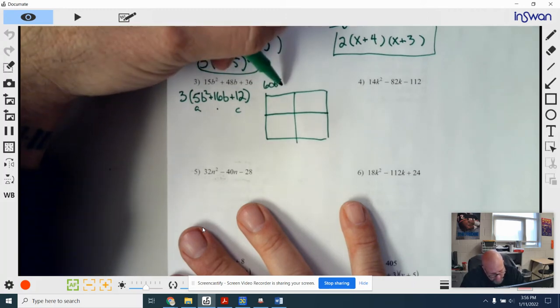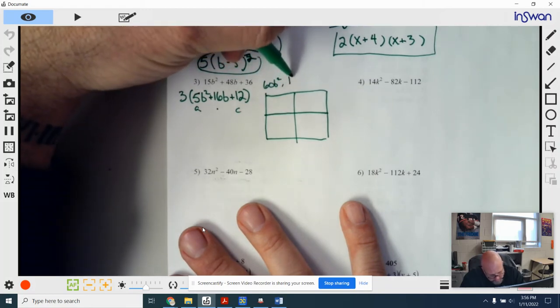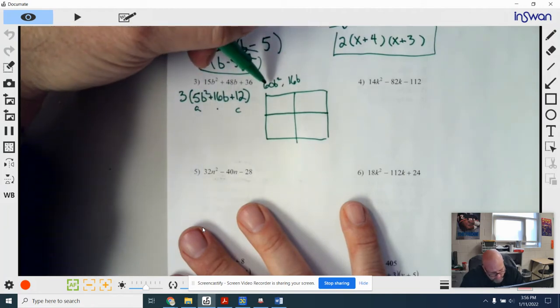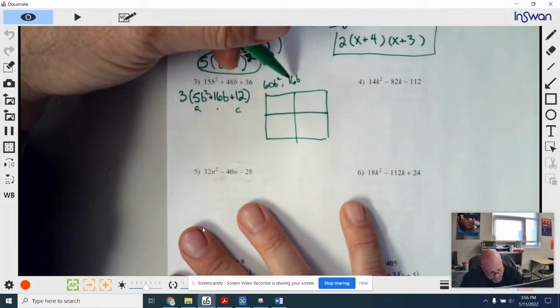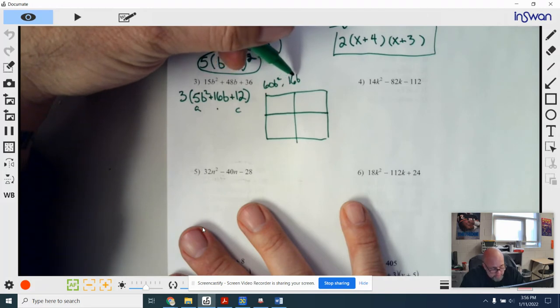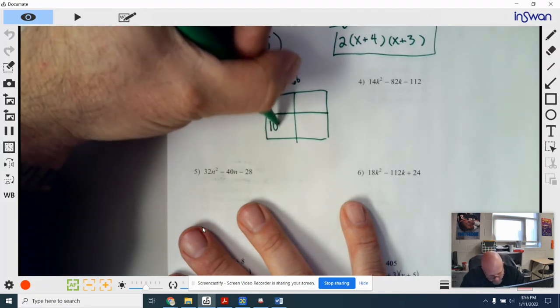But I need 2 factors that multiply to 60b squared and add up to 16b, this middle term. In this case, I think it's going to be a 10 and a 6. So 10b times 6b gives you that, and it also adds to this. Now remember, it doesn't matter where you put these.